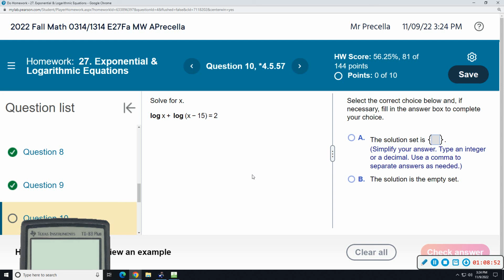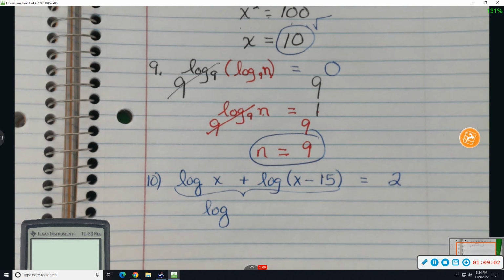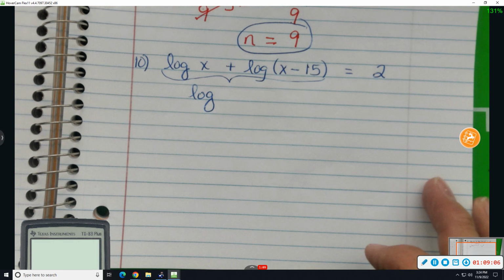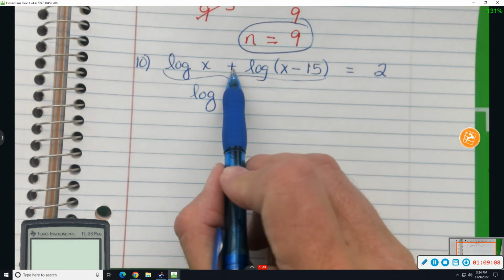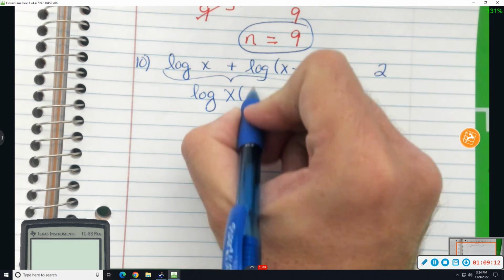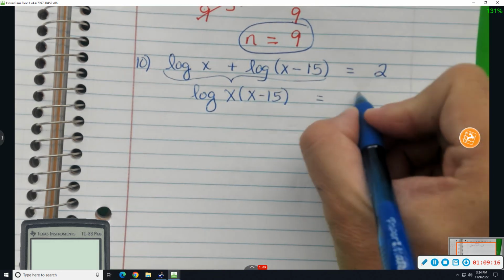Will I need a fraction bar? No. I won't need a fraction bar because of this plus. So it's just going to be log x, parentheses x minus 15, equals 2.